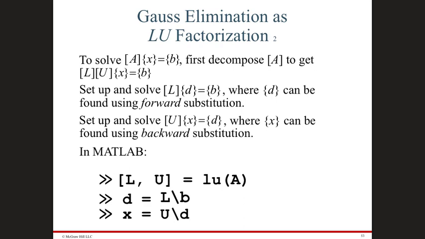And then you solve the equation L multiplied by D is equal to B, which is solved by saying D is equal to L left divide B. And then you get the values of D, and then the next step, you get the x's by solving the equation UX is equal to D. And that's solved again by using the left divide.